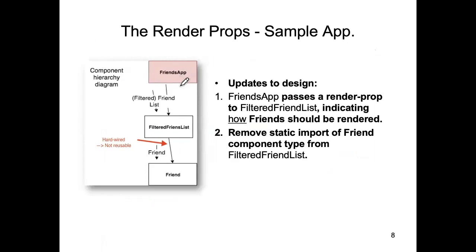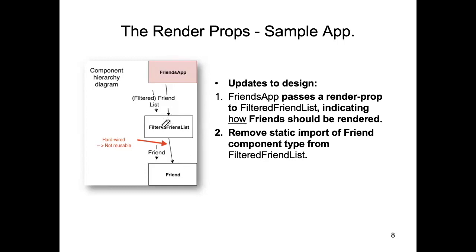So on the left here is the design of this filtered friends app from last week. I'm highlighting the fact that the way it worked last week was this component here had an import statement hard-coded in the code, and the import statement imported the friend component.